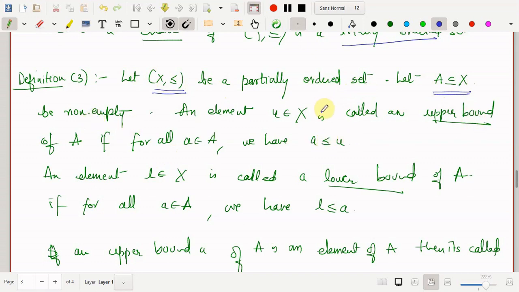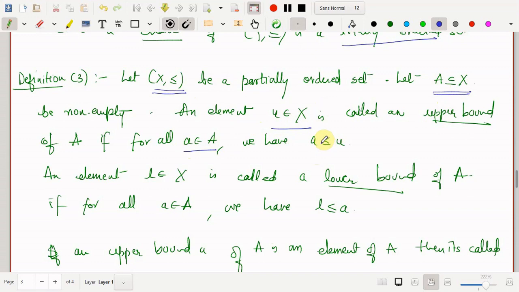Now, we can say that the given set may not have an upper bound and it may not have a lower bound. So what is an upper bound? An element u in X, it need not be an element of A, is called an upper bound of A if for all a in A, a is related to u through the relation less than or equal to. Now again, let me remind you that this is not the standard less than or equal to relation.